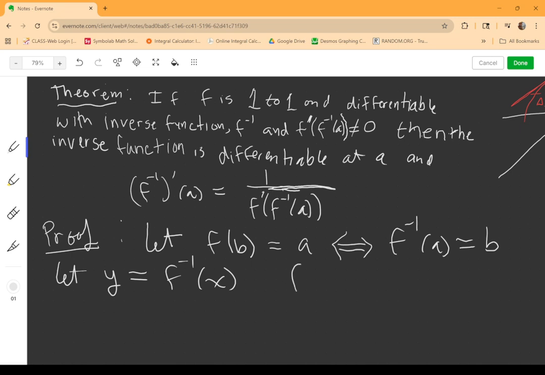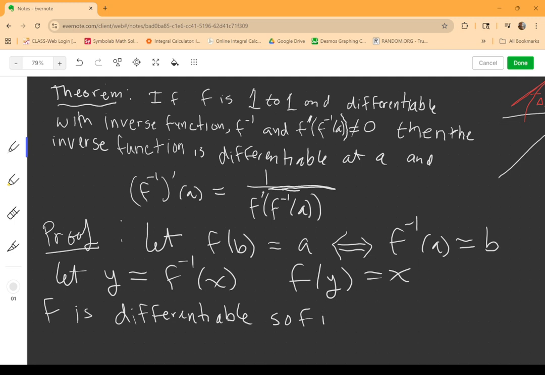And that means that f of y is equal to x. And by assumptions here, we know that f is differentiable. That's one of the hypotheses of our theorem. So if f is differentiable, then that implies that f is continuous.